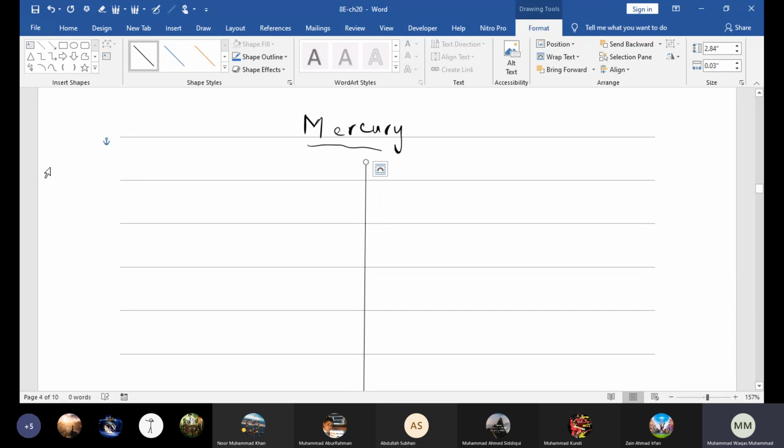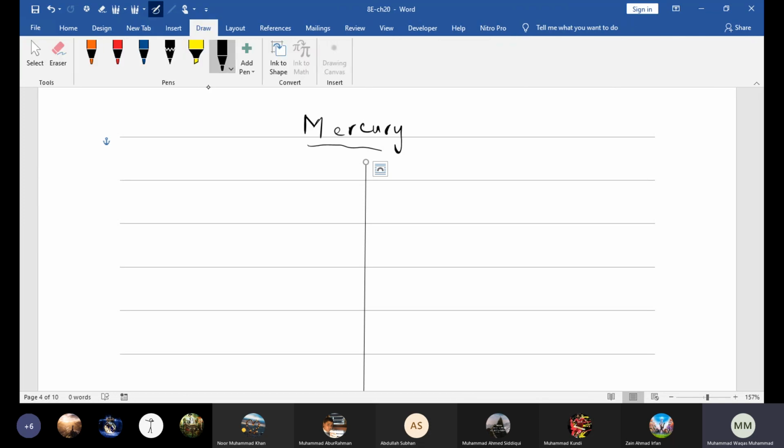On one side we'll discuss the advantages, and on the other side, we'll discuss the disadvantages. Now, what are the advantages of mercury?